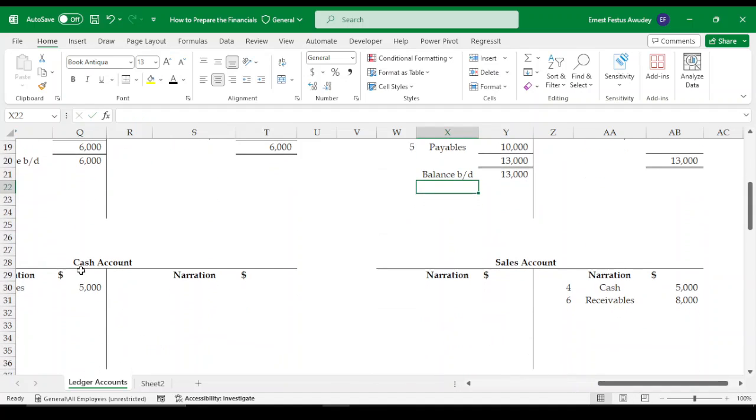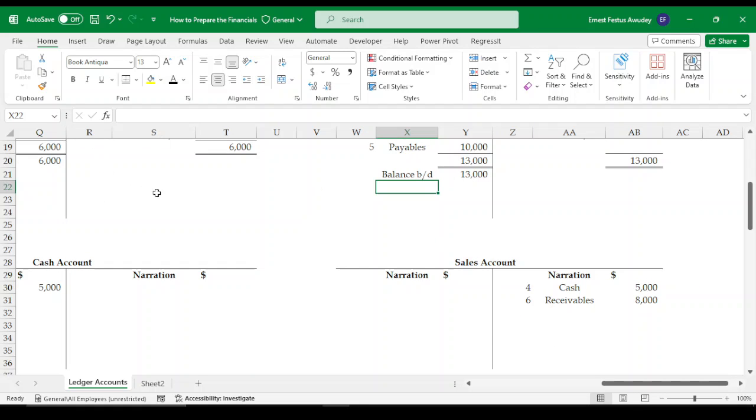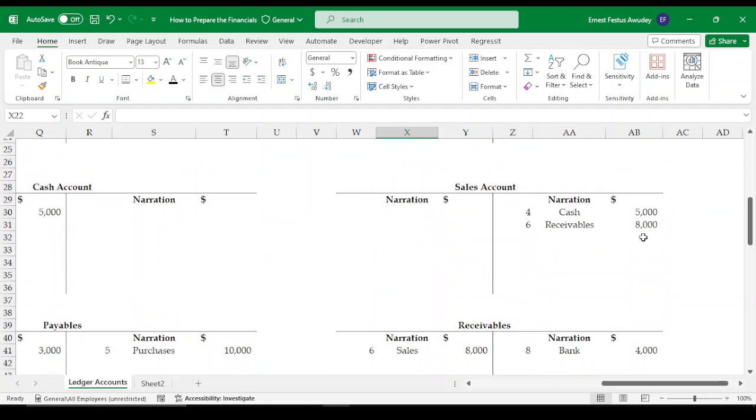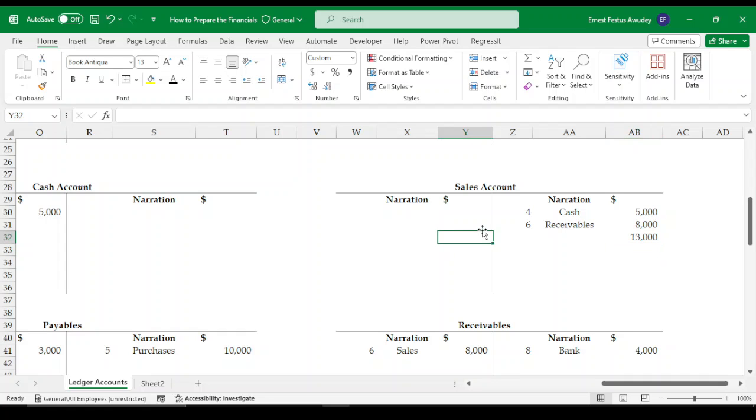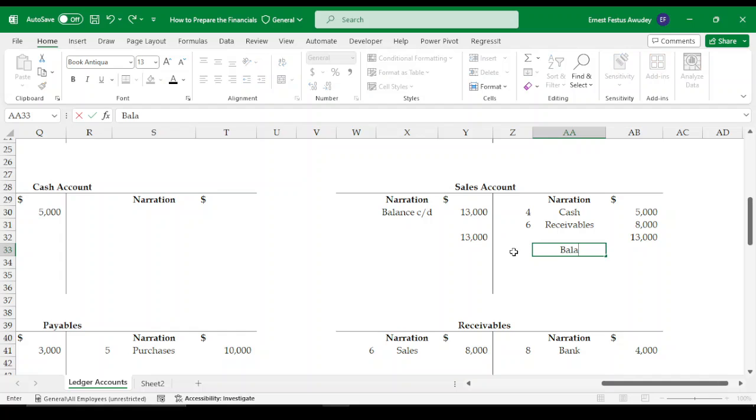Okay, so this is a single transaction for the cash, so try that on your own using what we have previously done. Okay, then we'll come here as well and have my alt equals and add that. I'll also come here and reference this total since this is 0, and I'll have my balance carried down, and that is going to be referencing this total, and I'll have my balance brought down.